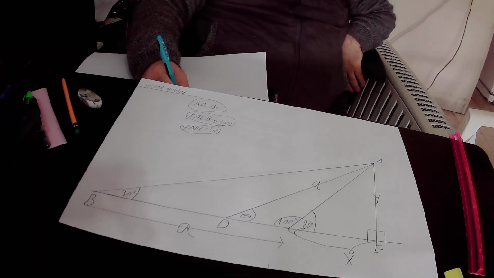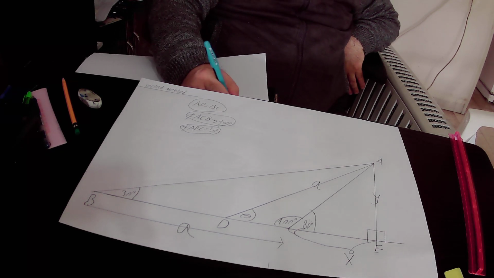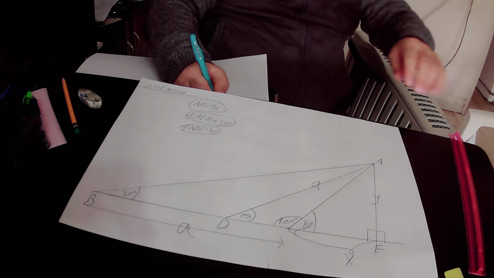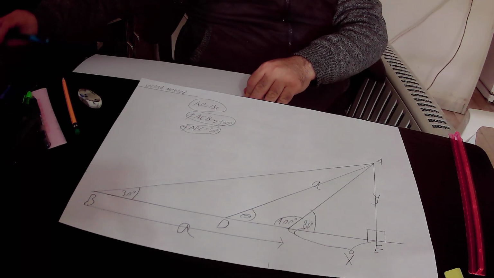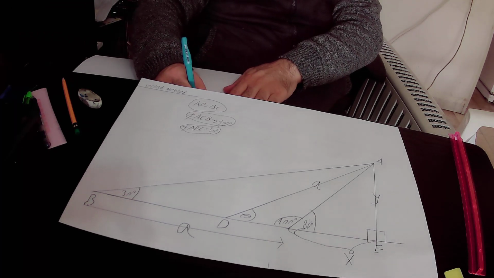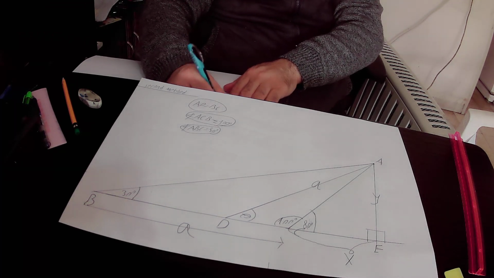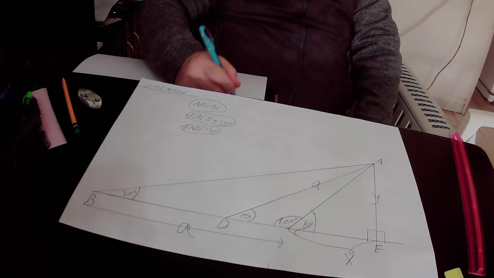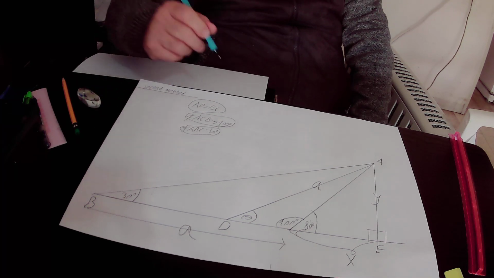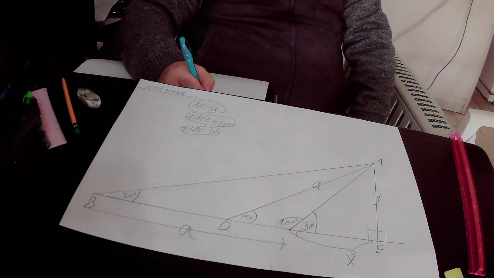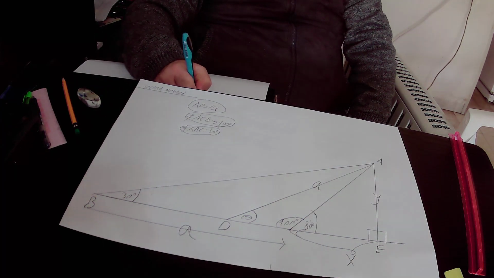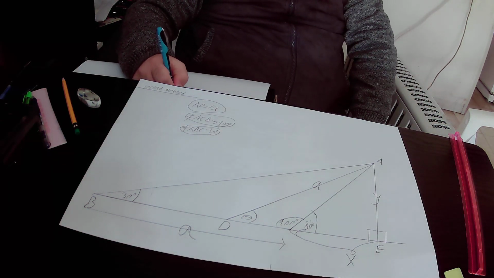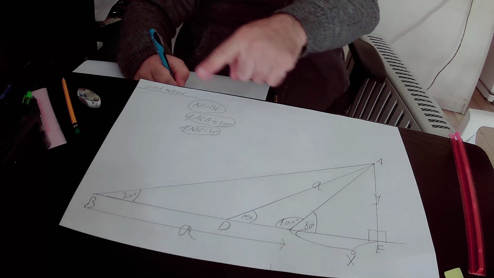On the right triangle, triangle ABE, we know that tangent 30 degrees equals AE over BE.